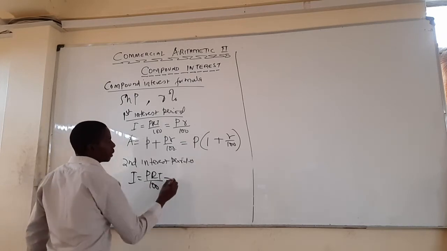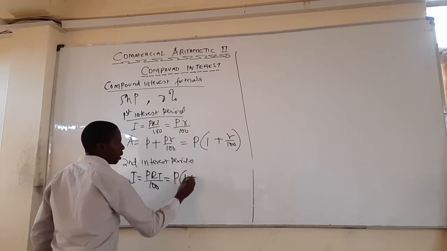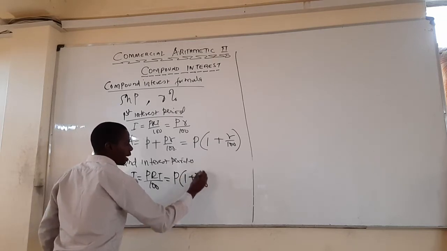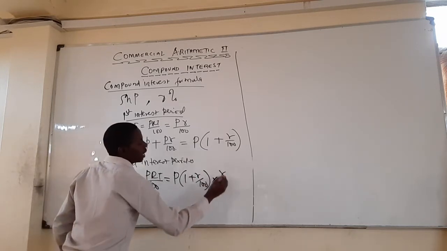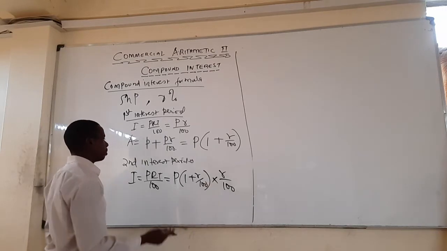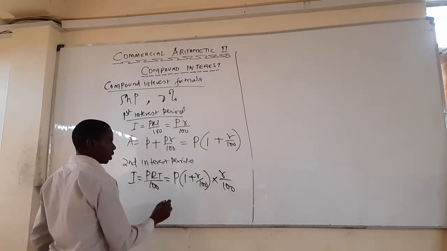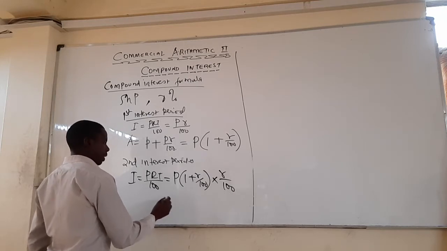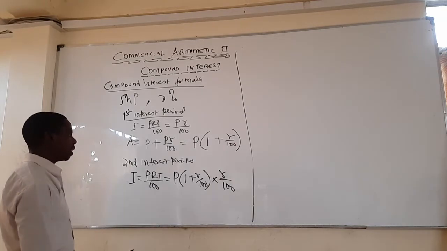The principal now is P into bracket 1 plus R over 100, then we multiply by rate over 100. Of course, time is usually 1 because we are calculating this per period. That is our interest in the second period.